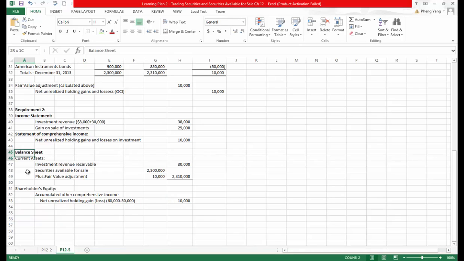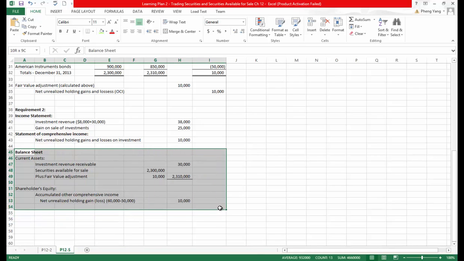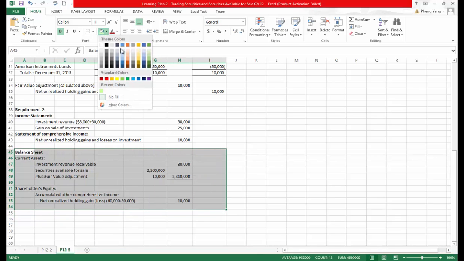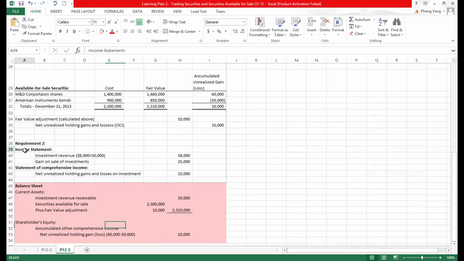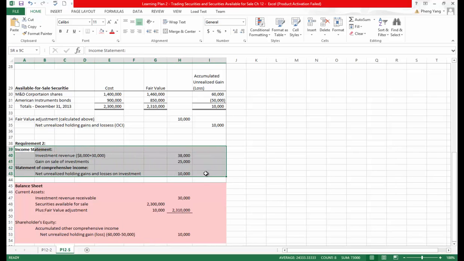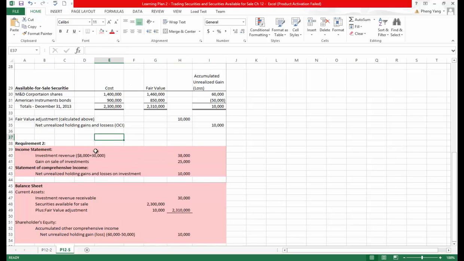Okay, so that's the balance sheet area. So let me just highlight that so you can see. I'm going to get a lighter color in there, and then the income statement, I'm just going to do this so you can see the difference for requirement 2.